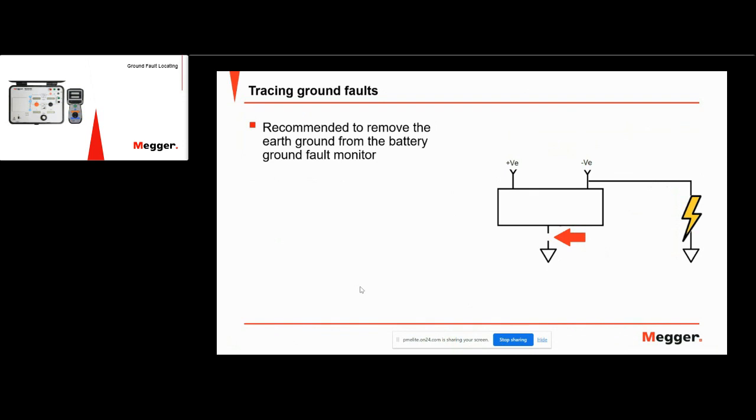Other methods, where you have the ground fault monitor built into something like a charger, a lot of times they will have breakers that you can throw that will open the earth connection on the ground fault monitor. But there are scenarios where you may not be able to isolate the ground fault monitor, and that's actually one of the case studies that we're going to look at.